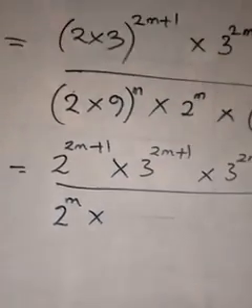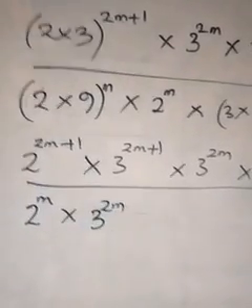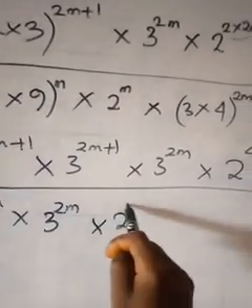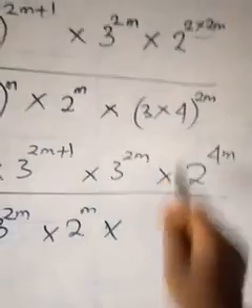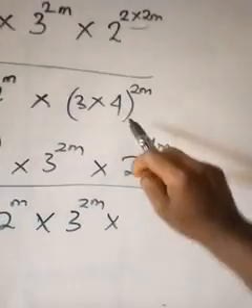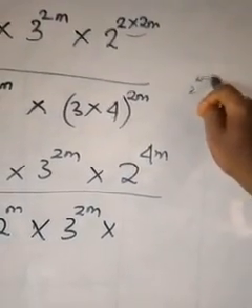If you have 9 raised to the power m, it is equivalent to 3 raised to the power 2 raised to the power m, which is 3 raised to the power 2m, multiplied by 2 raised to the power m multiplied by 3 raised to the power 2m multiplied by, if you look at 4, 4 is 2 raised to the power 2. The power will multiply to m.